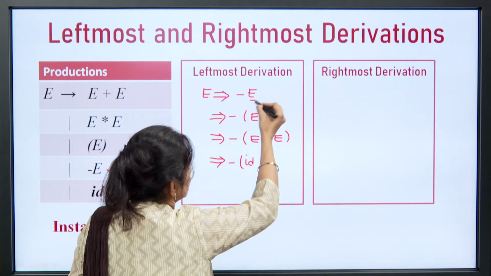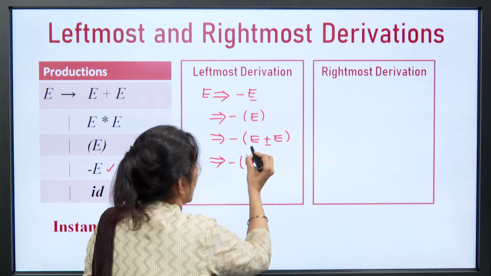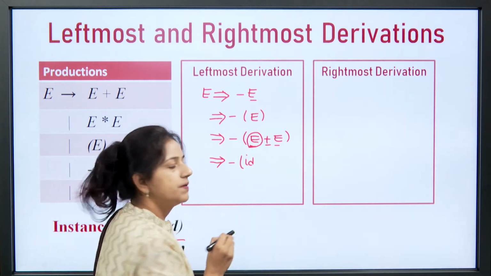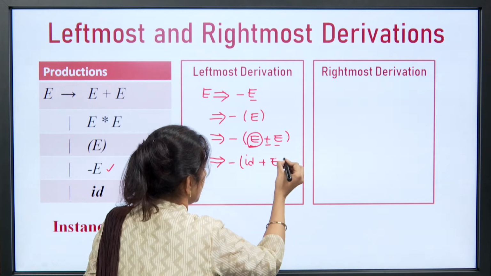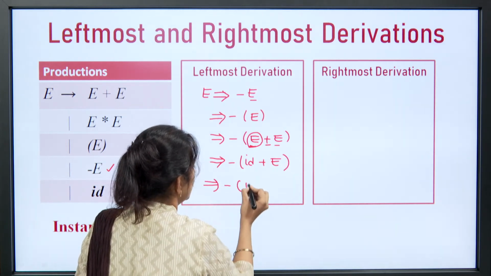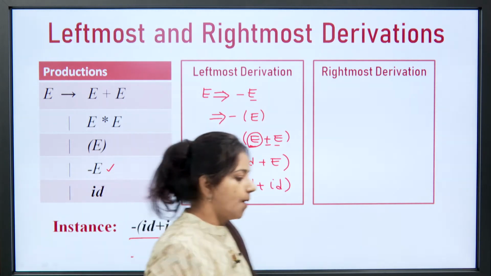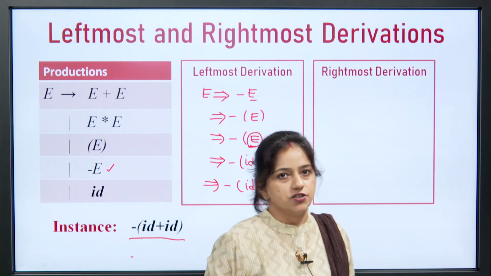In every step we will replace the leftmost non-terminal first. Here we have two choices, so this leftmost non-terminal should be replaced first. So, here we will write id plus E. Now, if we scan from left to right, this E should be replaced with id. So, this is obtaining the derivation using leftmost derivation.